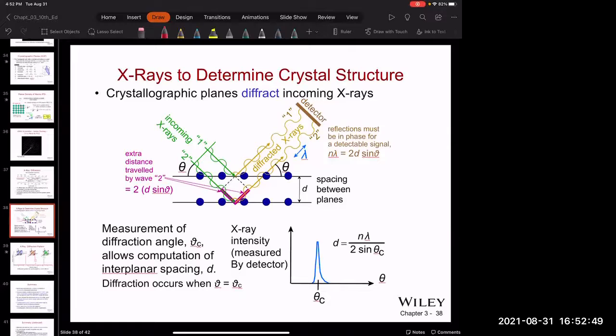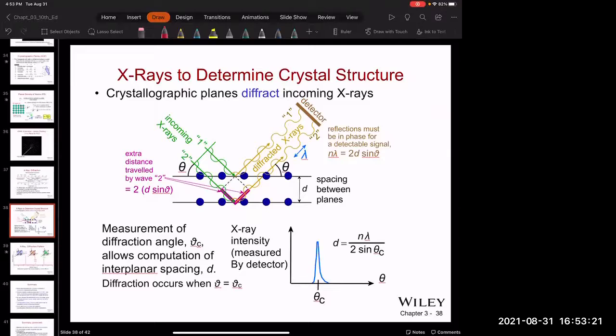If you shine the X-ray to the atoms, the element has several different atoms laid out in a very periodic structure. This representation has 2 layers. If you have 2 planes and you shine an X-ray, the ray will be diffracted, and when it diffracts, it goes to the detector.